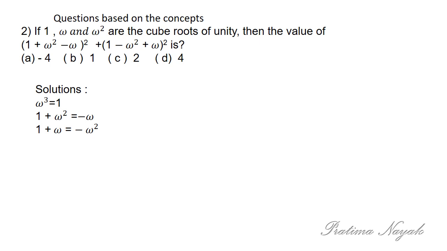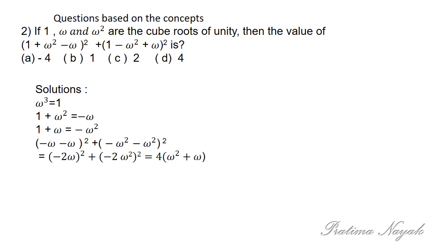So it will be (minus 2 omega) whole square plus (minus 2 omega square) whole square. It will be 4 omega square and the second term will be omega to the power 4, which is same as omega. So 4 within bracket omega square plus omega, it will be minus 1. So 4 into minus 1 is equal to minus 4. So A is the answer.